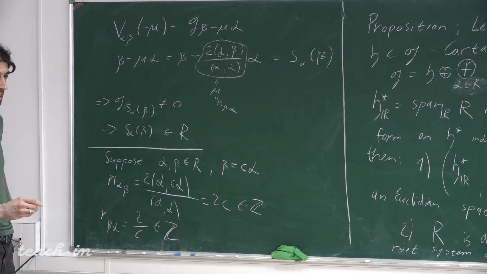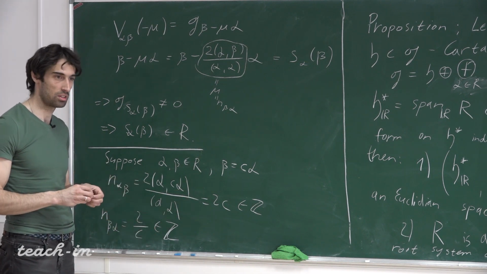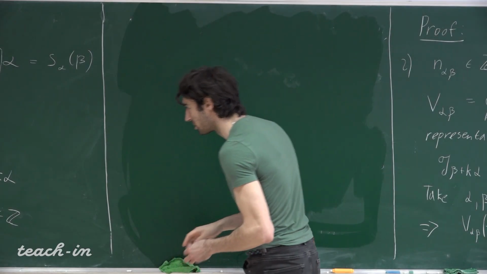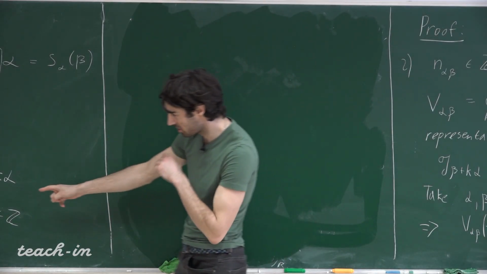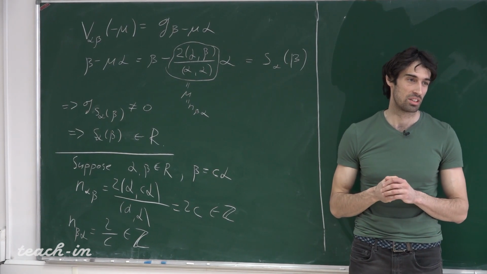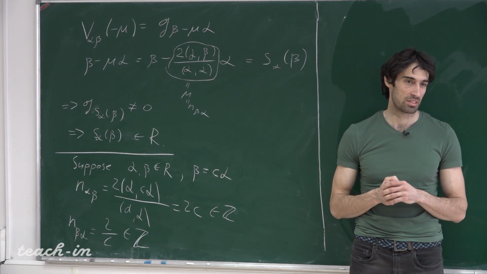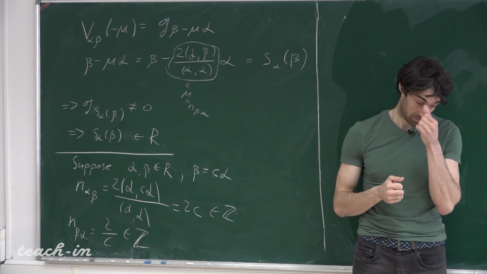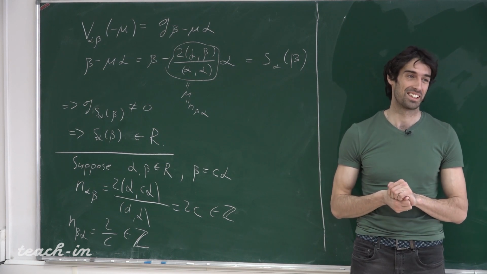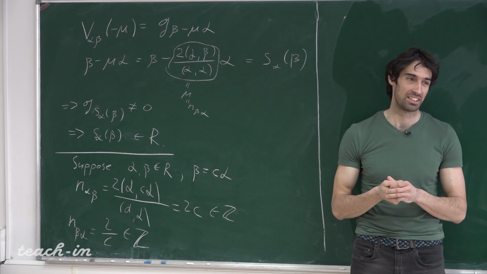This restricts the possible values for C. Maybe you tell me what. From these two conditions, what are the possible values for C? 2, 1, right.